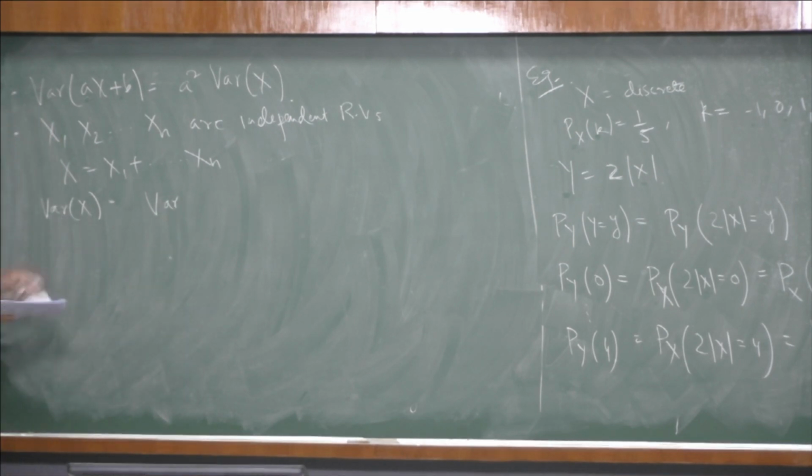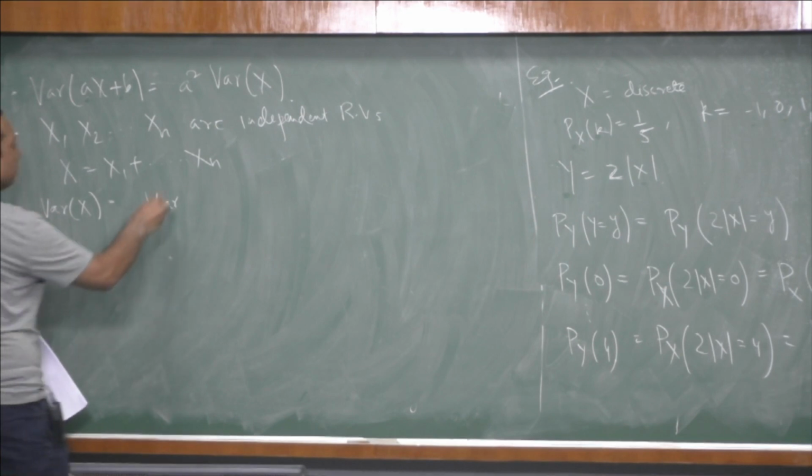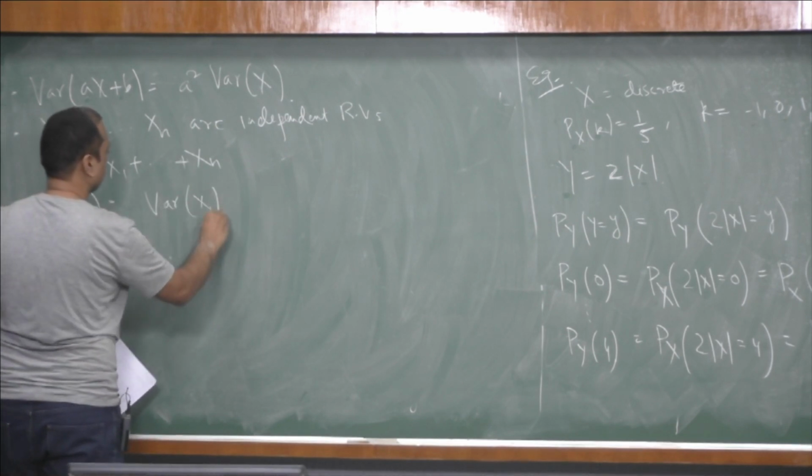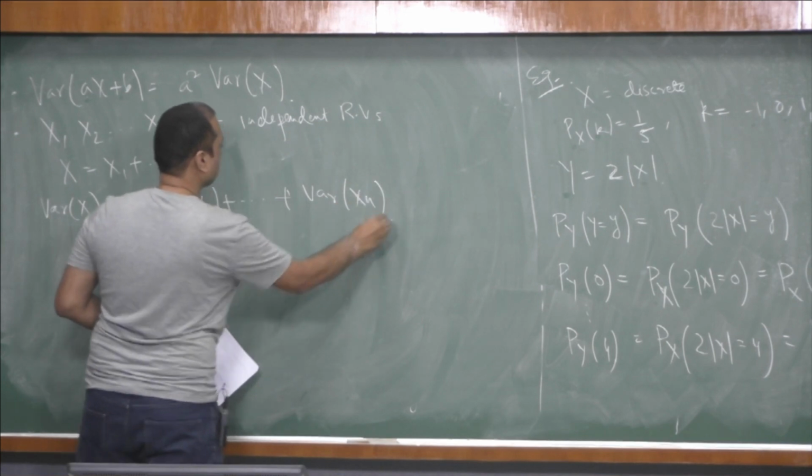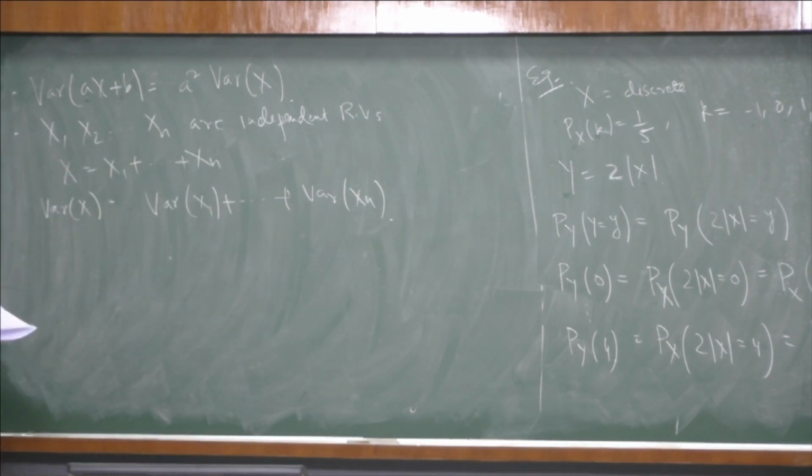So if the Xi's are independent, then it's very nice. It acts like linearity: variance of X1 plus ... plus variance of Xn. As I said, IID assumptions will be used a lot later on, and that's not very unrealistic, so we will use this a lot.